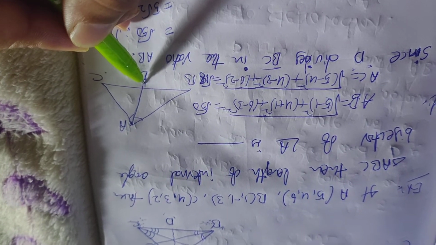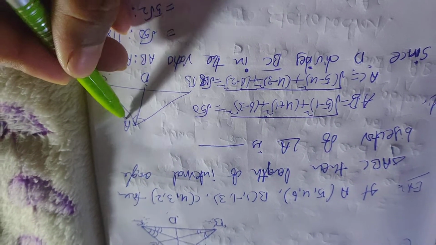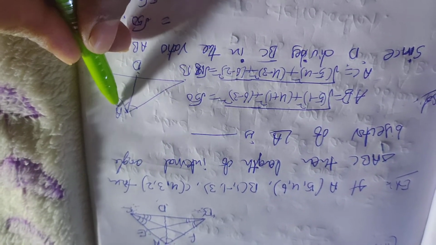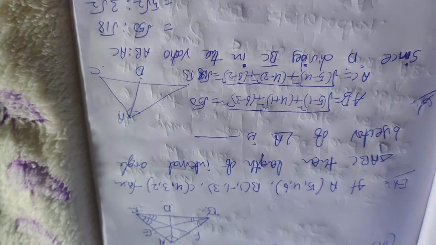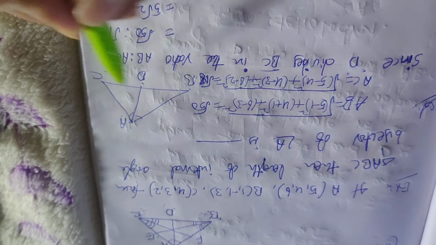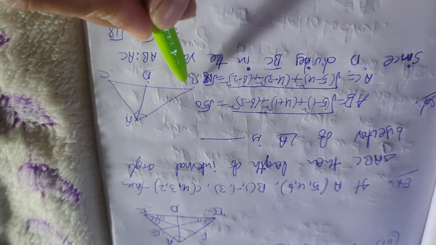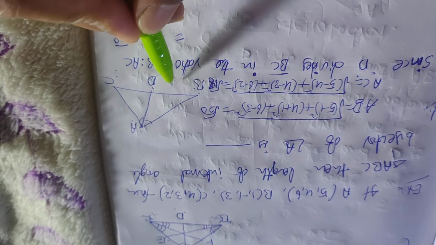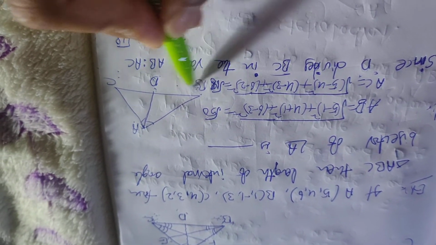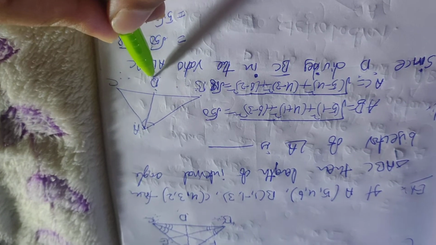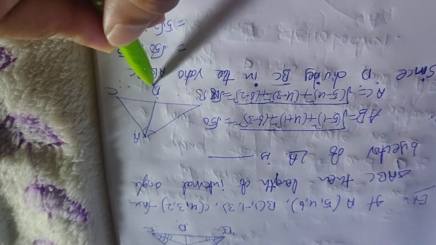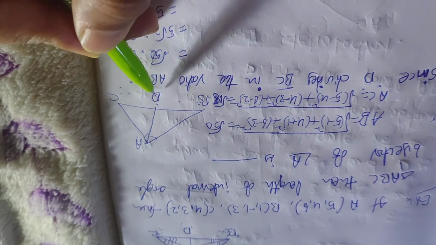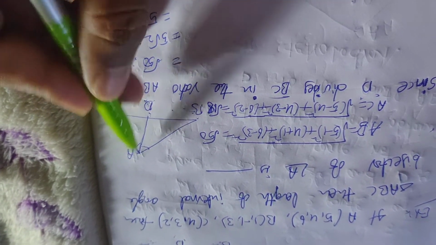To find the length of AD, we should know the vertices A and D. We know A but we don't know D, so to find D using the internal angular bisector, we know B and C, and if we know the ratio in which D divides BC, we can find point D by the section formula. After D, we can find the distance between A and D.